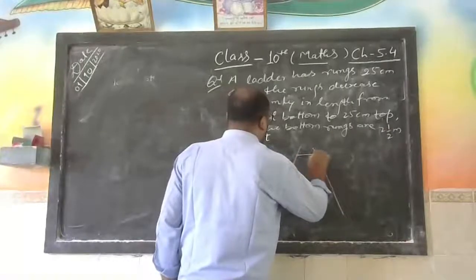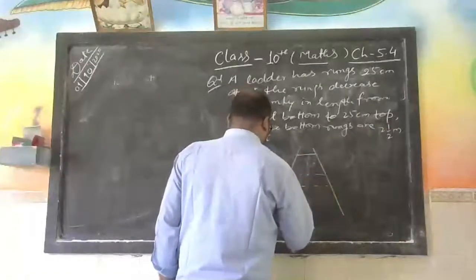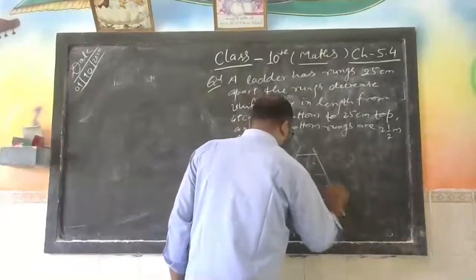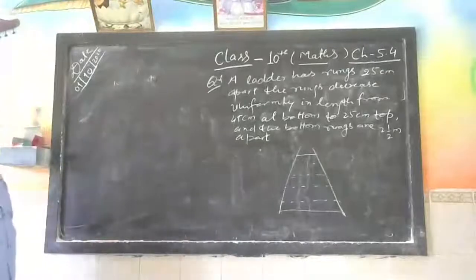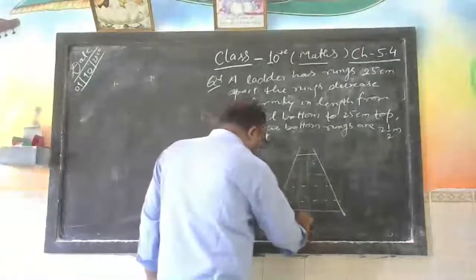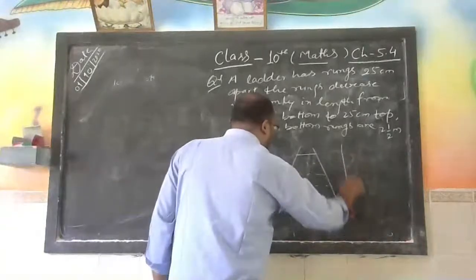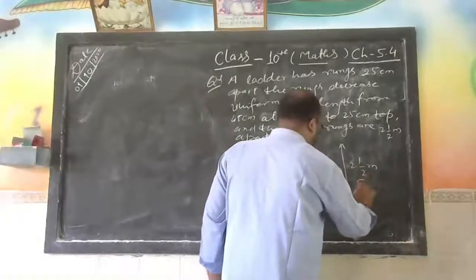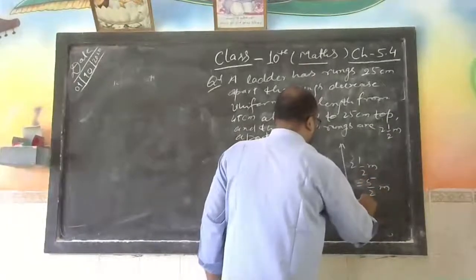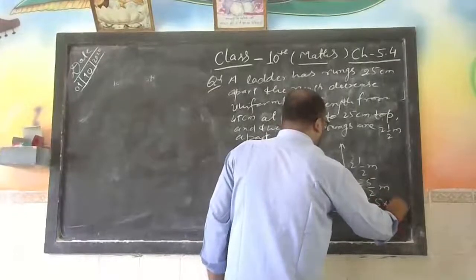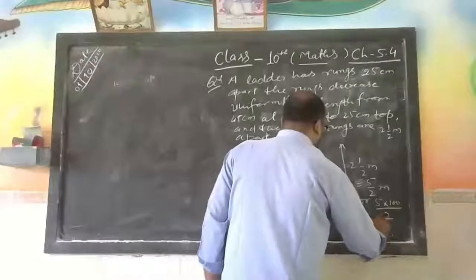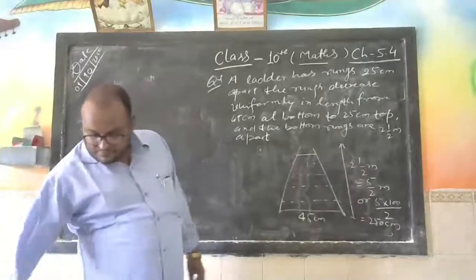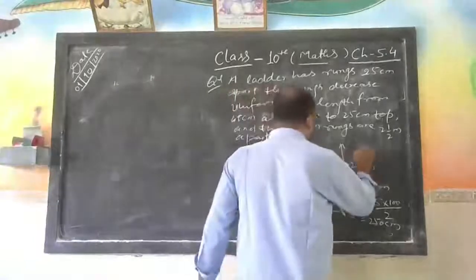In this way, a ladder is given, and the total length of the ladder is given 2 1/2 meter, that is equal to 5 upon 2 meter, or 5 multiplied by 100 upon 2, which is 250 centimeter.